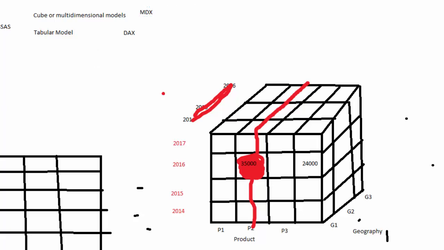So this is the difference. Other than that, development wise they are pretty much similar. Maybe here and there one or two features which are not really relevant for us. So this is the gist. This is what we'll be looking at, and this is the introduction to Azure Analysis Services.